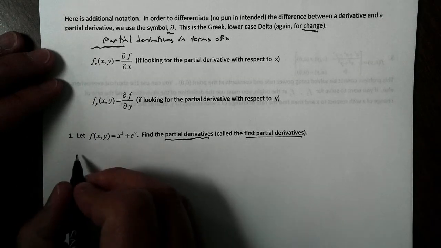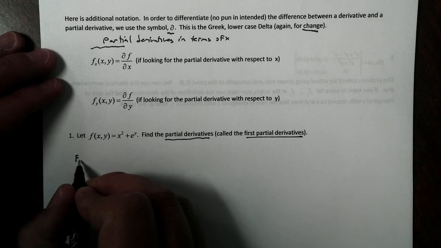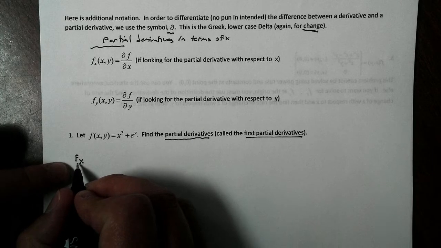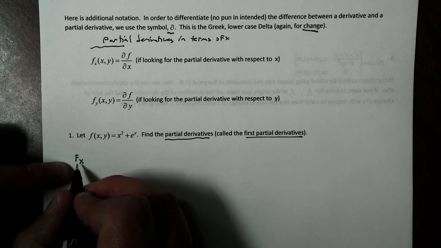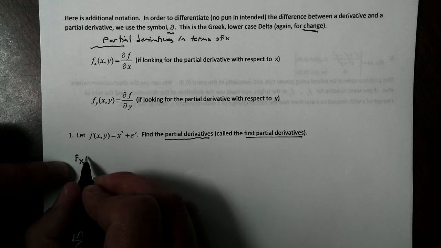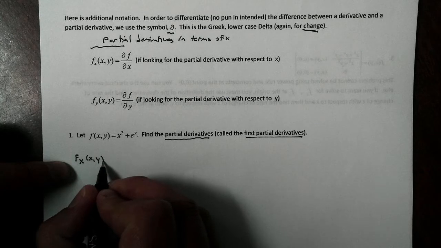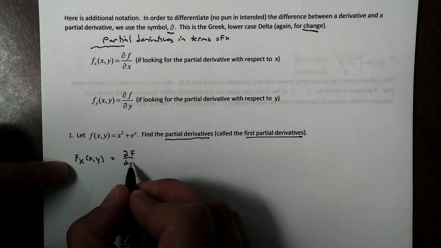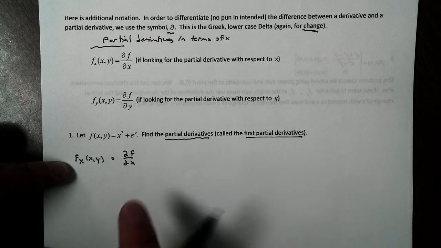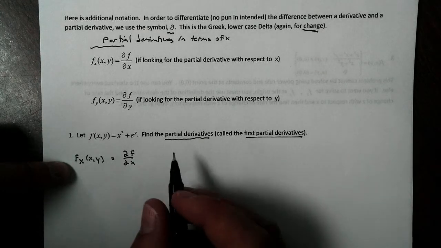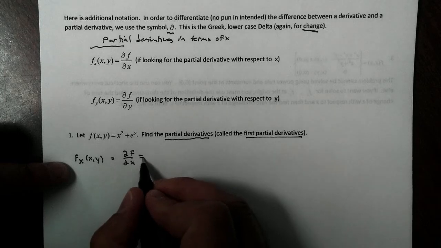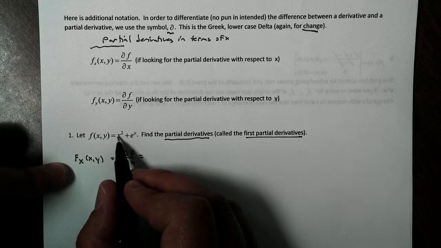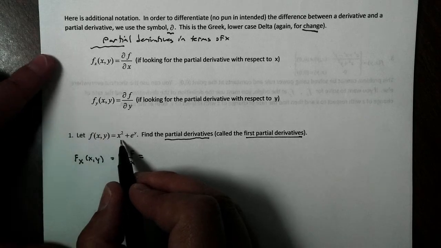The first thing we're going to do is find the partial with respect to x. So f sub x. Now this is a derivative. Notice we're not using a prime anymore. We use f sub x of x, y, or you could also use the partial of f with respect to x. If I take that derivative, we're going to take the derivative of anything with an x. So what is the derivative of x squared?